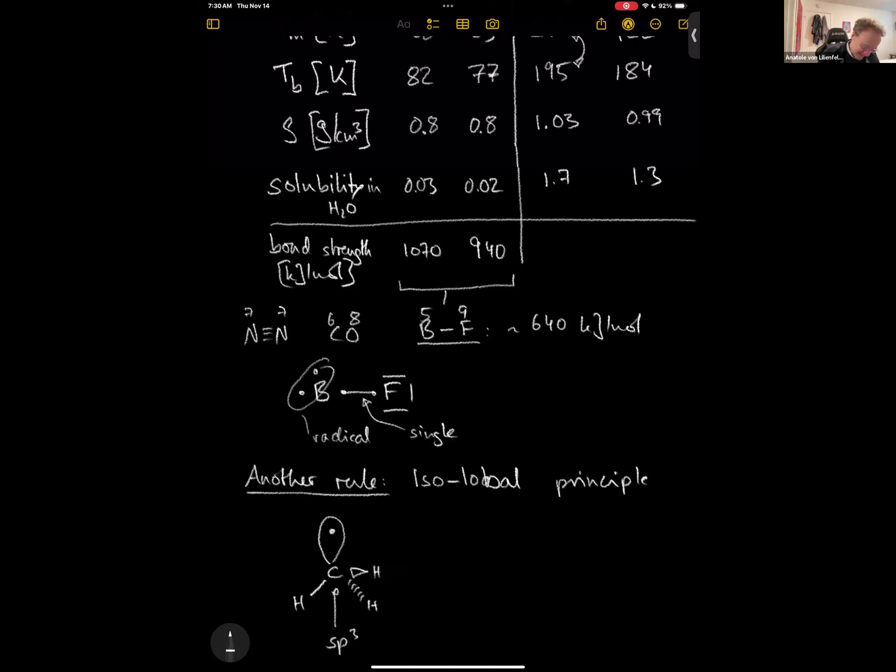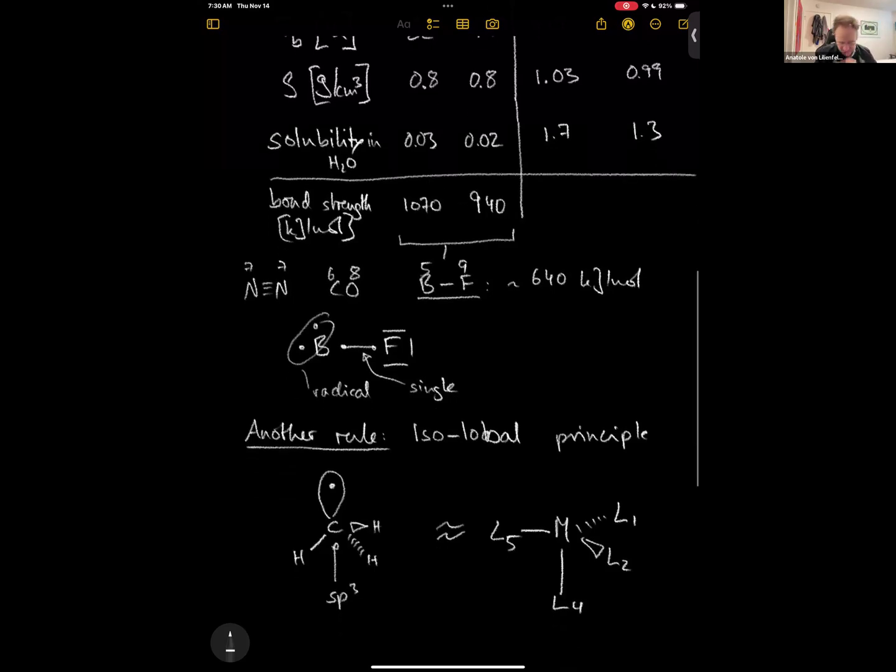Now you can encounter a similar situation, and that's this isolobal principle, that you say the properties of this system are similar to a metal atom that has some ligands. So, for instance, ligand 1, ligand 2, ligand 4, and a ligand 5.